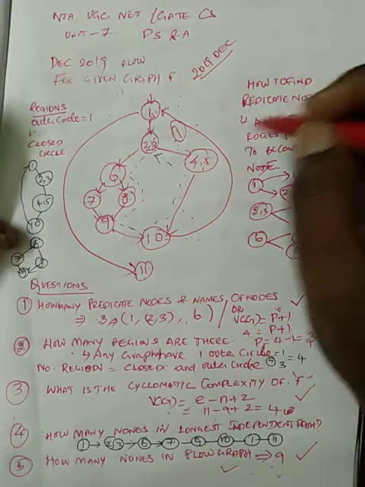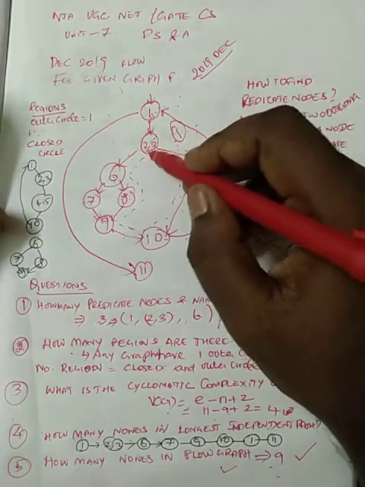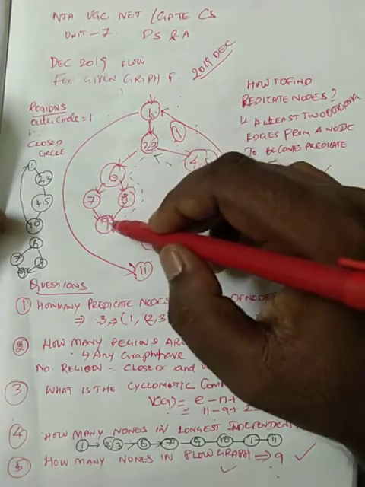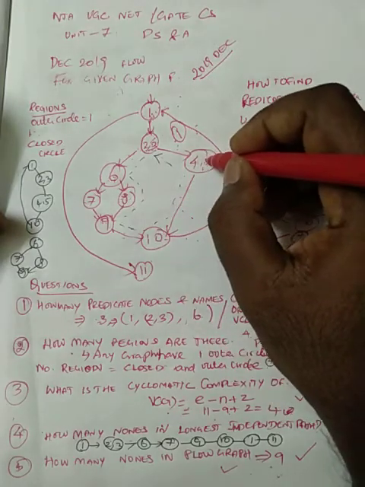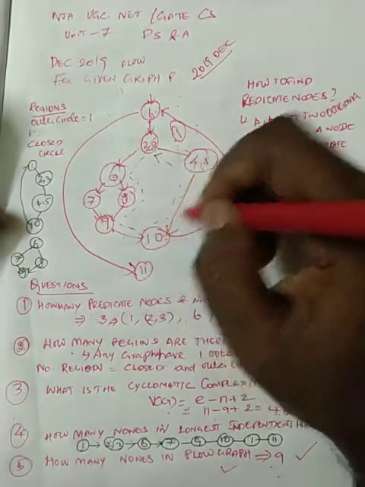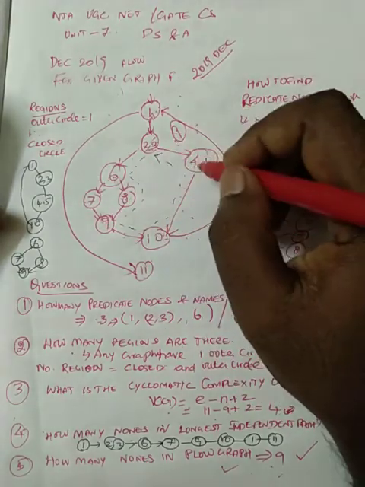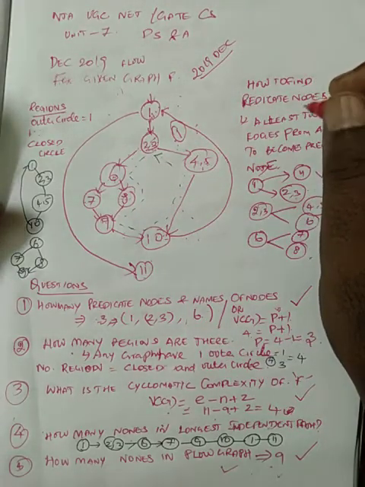Next one is this one: 2,3 to 6, 6 to 8, 8 to 9, 10, 4,5, and back to 2,3, or 2,3, 6, 7, 9, 10, 4,5 and 2,3. That is another closed region.